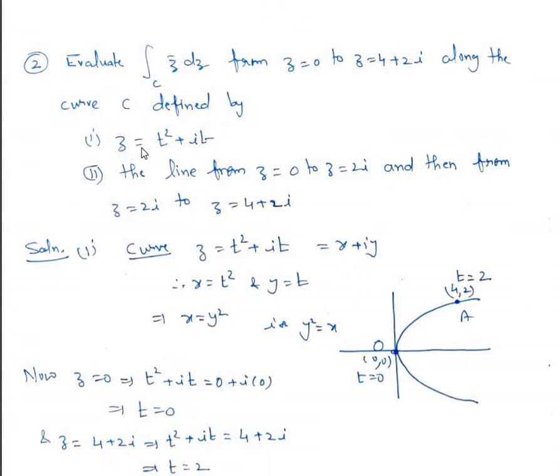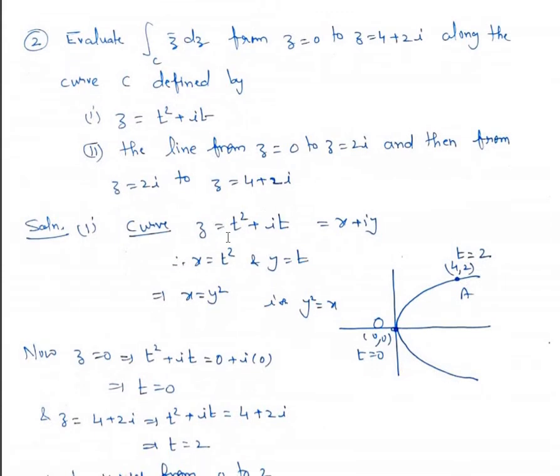And the curve is given by z = t² + it; say this is x + iy, then x = t² and y = t, that means x = y², that is y² = x. And this represents a parabola like this. So, (0, 0) is a point and (4, 2) is a point on this parabola.